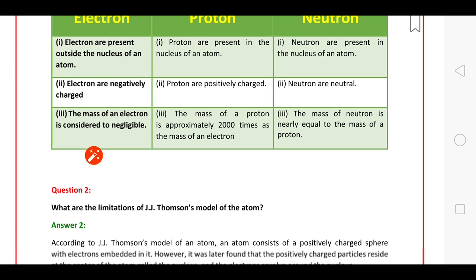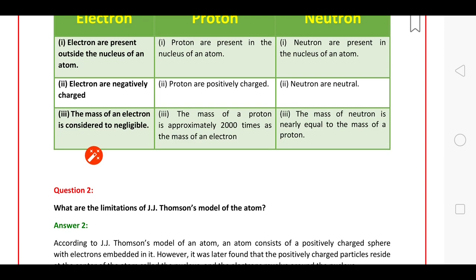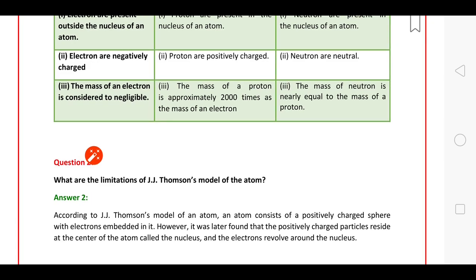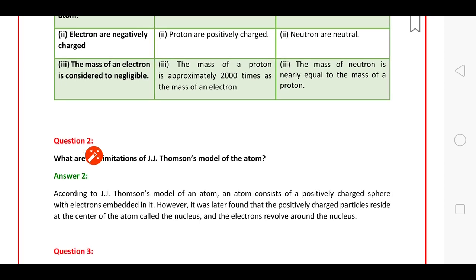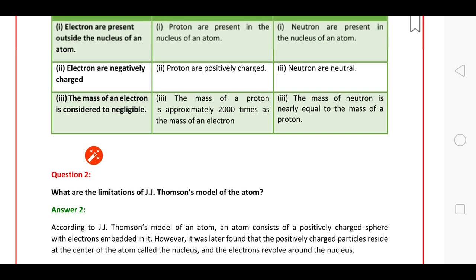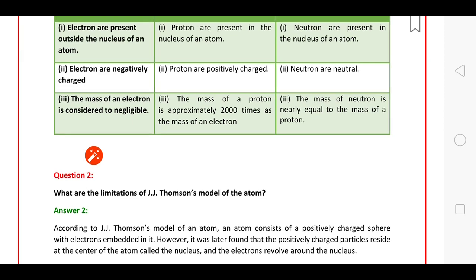Second difference is, electrons are negatively charged, protons are positively charged, and neutrons are neutral. Third difference is, the mass of an electron is considered to be negligible. The mass of a proton is approximately 2000 times the mass of the electron, and the mass of the neutron is nearly equal to the mass of a proton.